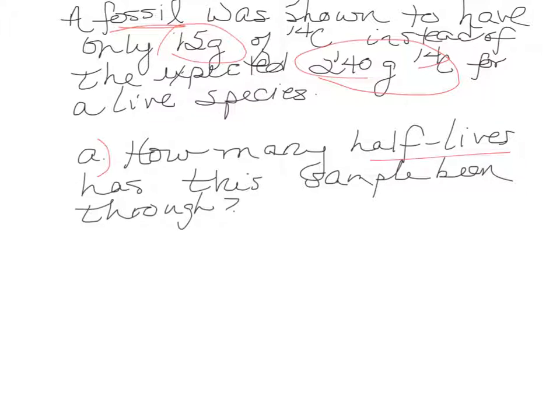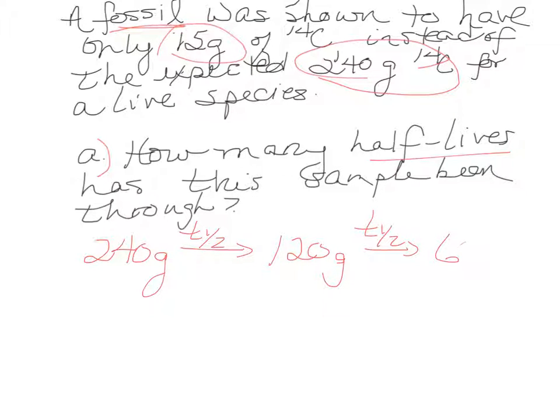If we started with 240 grams of something that was radioactive, after one half-life, we would have 120 grams. After two half-lives, we would have 60 grams. After three half-lives, 30 grams. And after four half-lives, 15 grams.